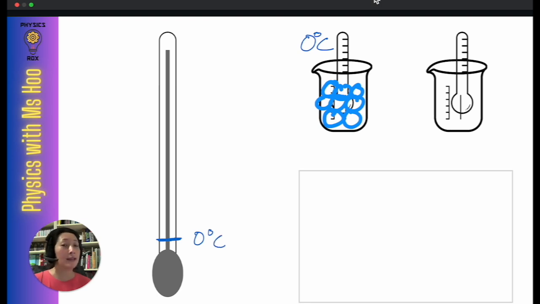Likewise, if we were to place the same thermometer in boiling water, so I'm just going to draw that here, and we're going to add some heat just to show, hey, it's boiling. We know that pure water boils at 100 degrees Celsius. So when we place the thermometer in water and the point where it starts to boil, you see all those bubbles.